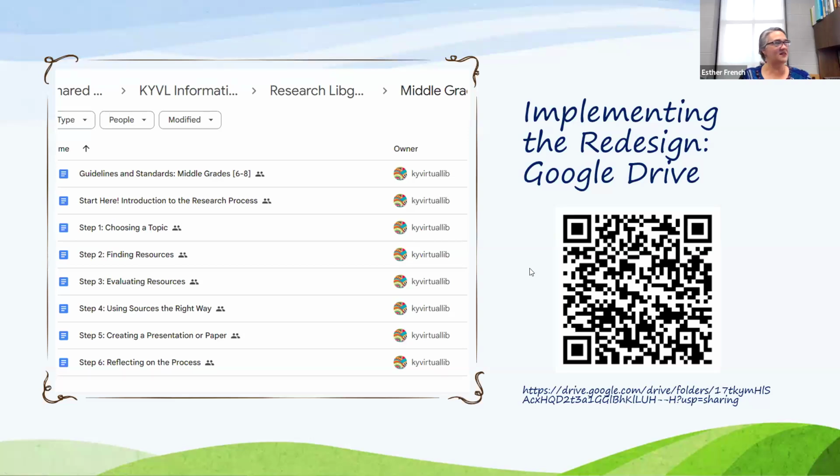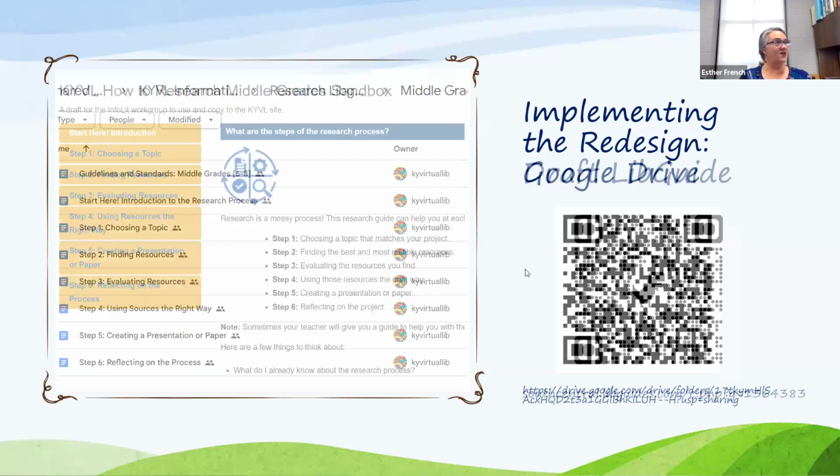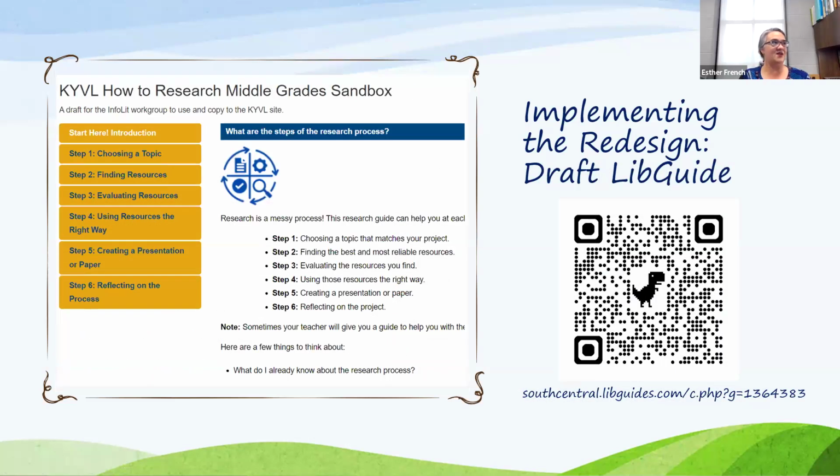And then in the next phase of our implementation of the redesign, my institution has an account with LibGuides, or LibApps. So I just created a little sandbox, and took the content from those Google documents and transferred it over to the side navigation, the layout.